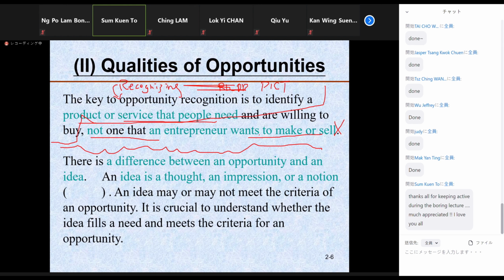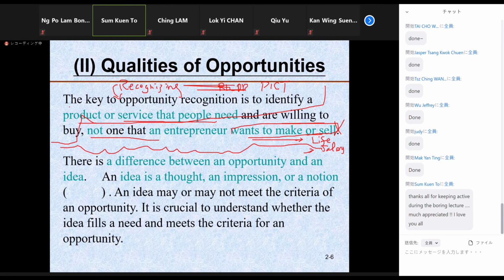And if you just go for something you want to make, you want to sell, this is just a lifestyle firm. This is just a salary substitute firm. You are doing something at your own will. 你做你自己想做嘅嘢. You are not an entrepreneur. You are only operating a lifestyle firm or a salary substitute firm.